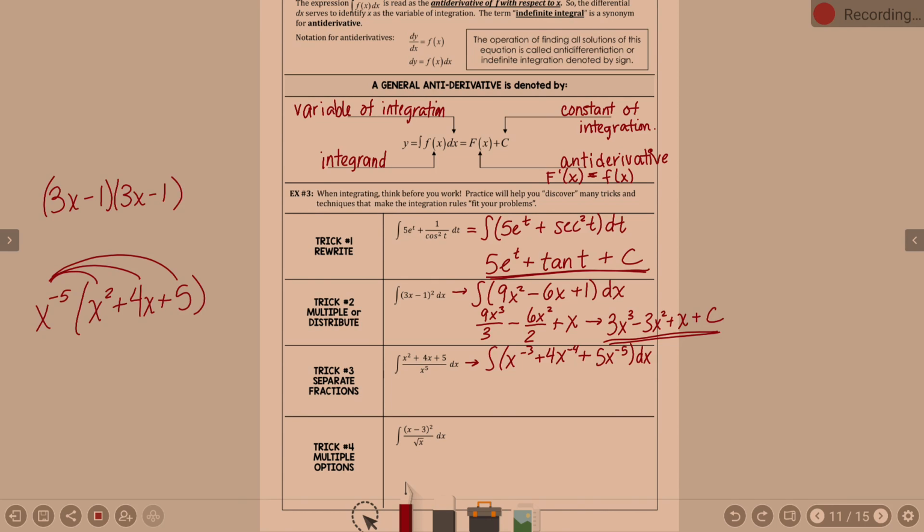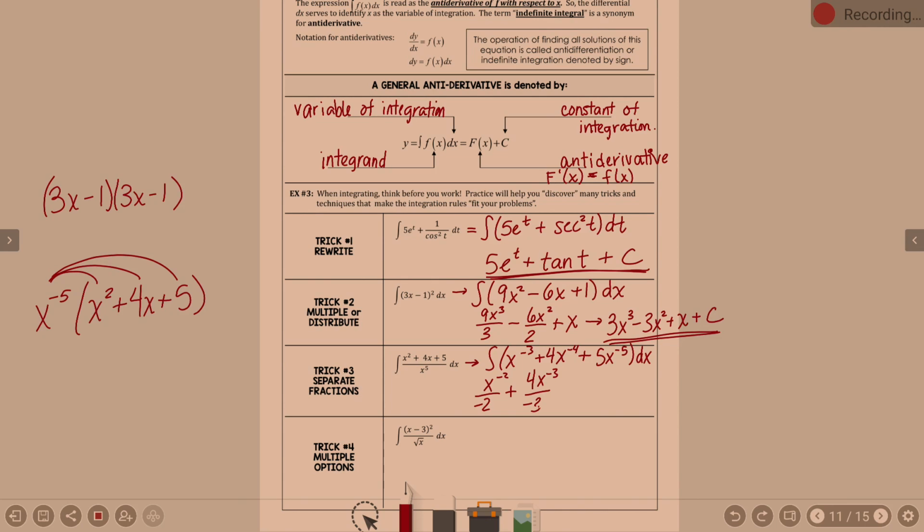Okay, x to the negative third. What are you doing? You're adding 1 to the power, which is going to make it x to the negative second, and dividing by negative 2. I'm going to rewrite this here in a better form when I get done, okay? Plus 4x to the negative third, because I'm adding 1 to the power, and divide by negative 3.